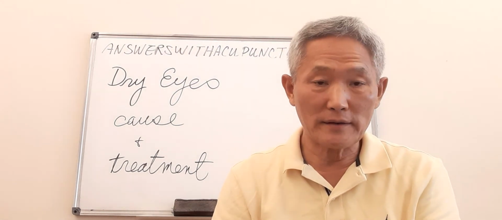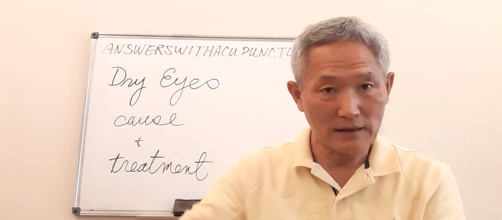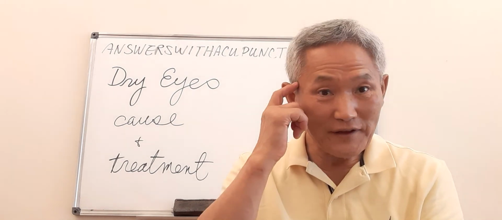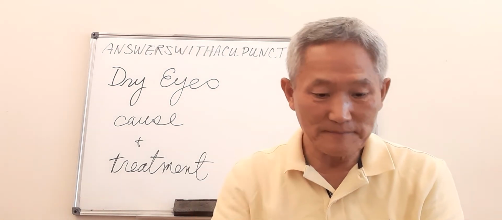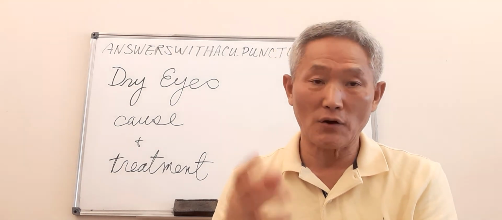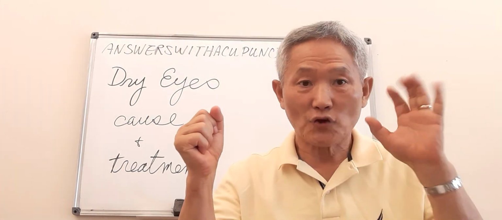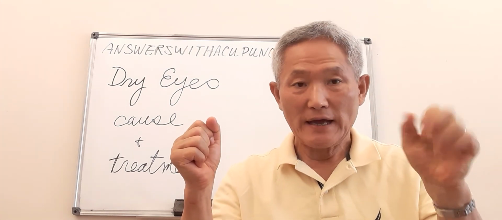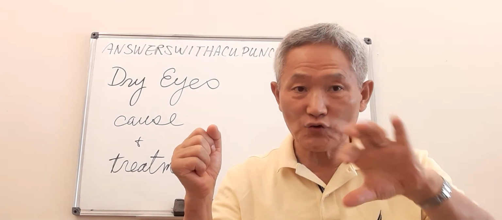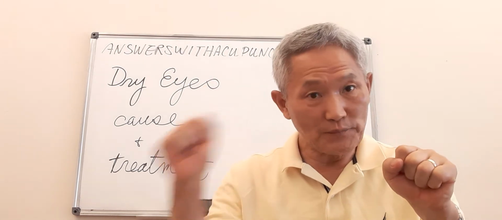Then why is this gland blocked? You have to think about it. Why? Because dry means that there is some kind of heat in here, and when heat consumes all the moisture, it becomes dry.